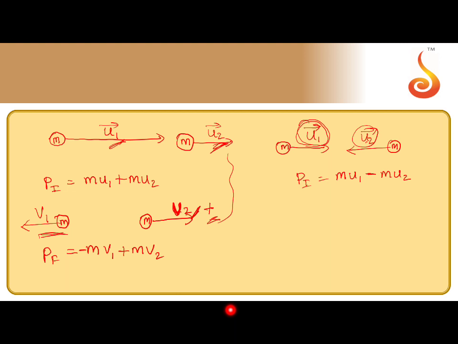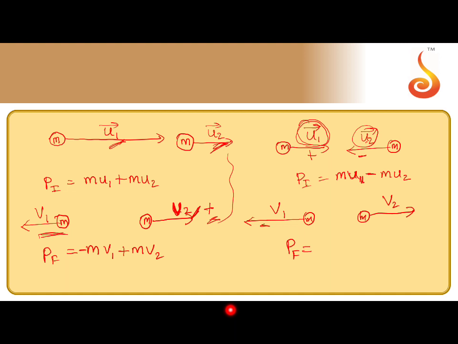Same way here, after collision, the first body may move in the opposite direction with v1. u2 may move in the opposite direction with v2. Then how do I write the final momentum? P final is equal to, for the first one, I took u1 to be positive. So this direction is positive, this direction is negative.